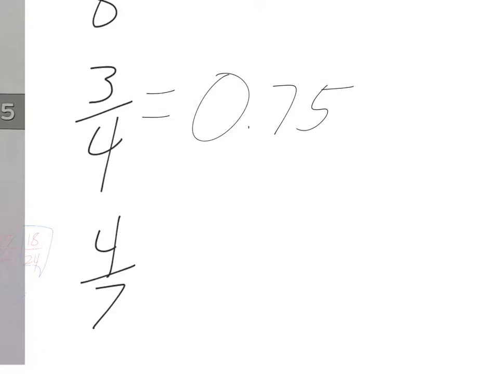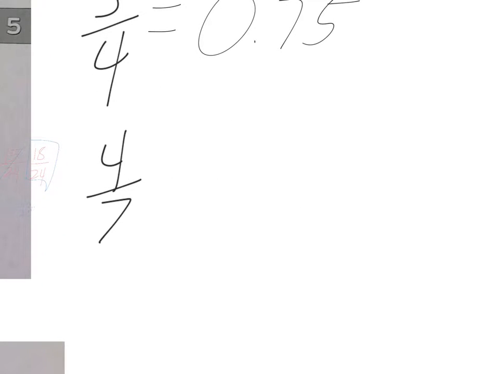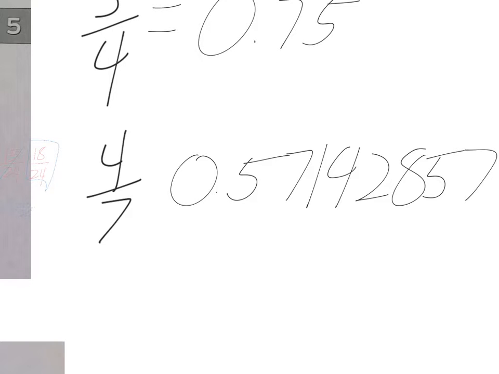And then 4/7: 4 divided by 7 is 0.5714, and it keeps going, 2857. I would just say 0.571. The 4 says round down, so just get rid of it and keep 571.